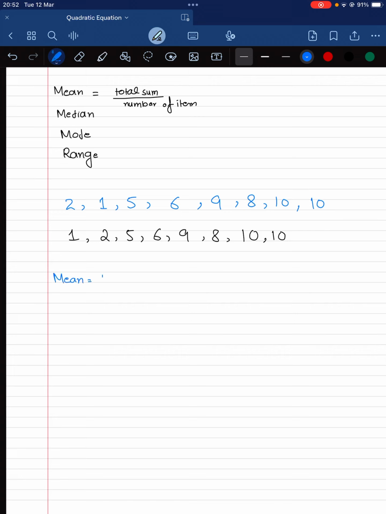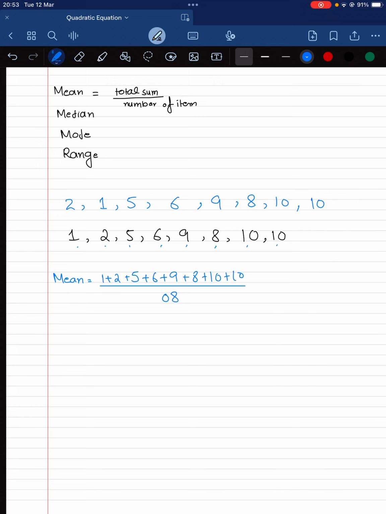The mean will be 1 plus 2 plus 5 plus 6 plus 8 plus 9 plus 10 plus 10 divided by the number of terms. How many terms do we have? 1, 2, 3, 4, 5, 6, 7, 8. So we have 8 terms, so we add them and then divide by 8. This will give us the mean.